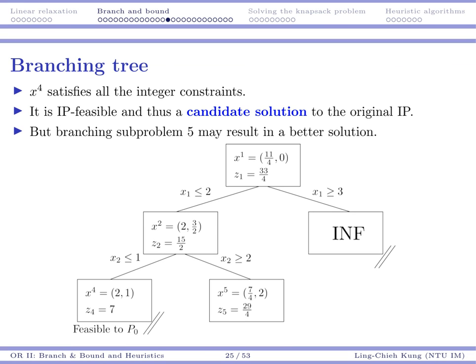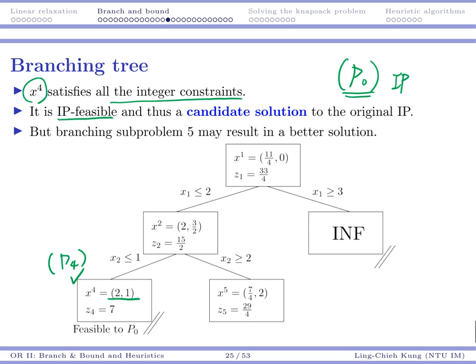Putting the information back to our original problem, we can see that for problem P4, we actually get an integer solution, (2, 1). So x4 satisfies all the integer constraints, so we say it is IP feasible. It is feasible to the original integer program, which is denoted as P0.